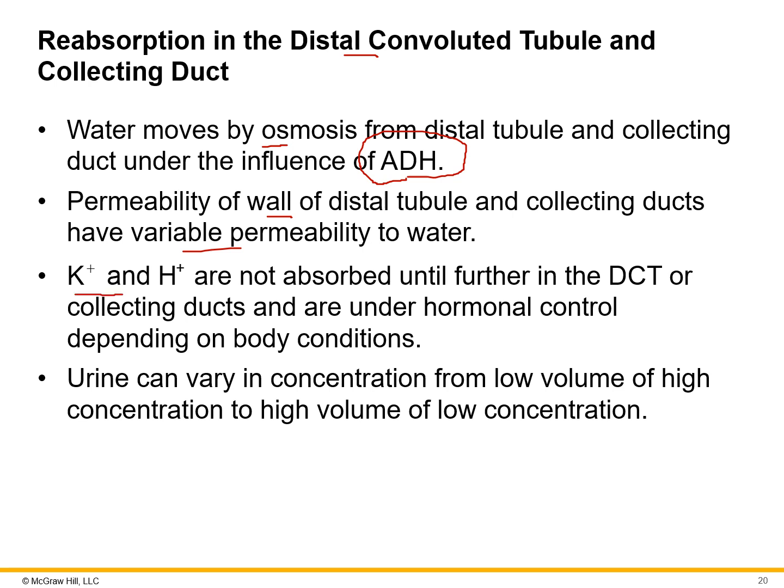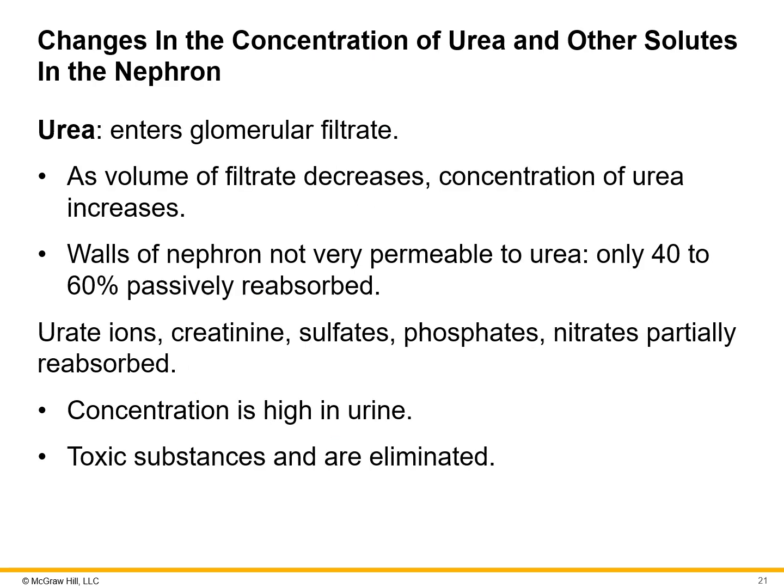Potassium and hydrogen ions are not absorbed until further in the distal convoluted tubule, even collecting ducts, under hormonal control, depending on the body conditions. And then the urine can vary in concentration from low volume and high concentration to high volume and low concentration. So again, very concentrated urine to very dilute urine, depending on the conditions of the body.